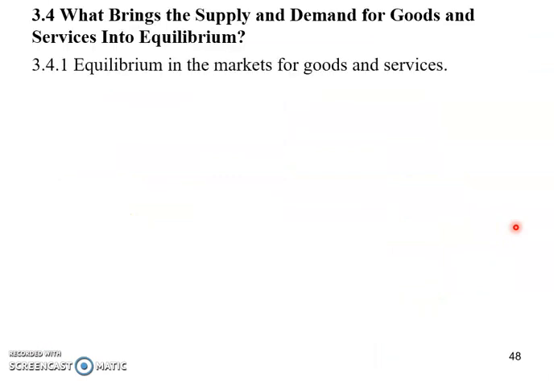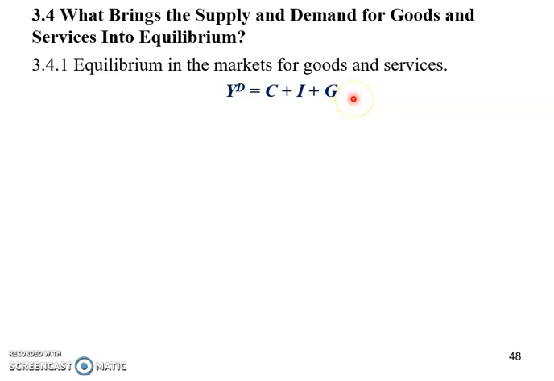Now before we talk about the equilibrium on these markets, let's see what we already knew at this moment. First, we said that aggregate demand for goods and services equals consumption plus investment plus government spending or government purchases, right?